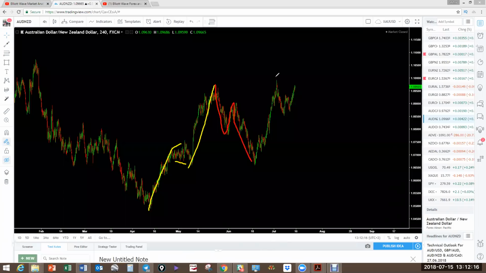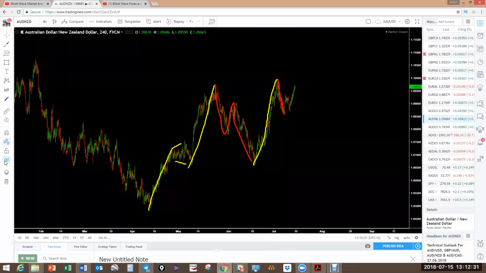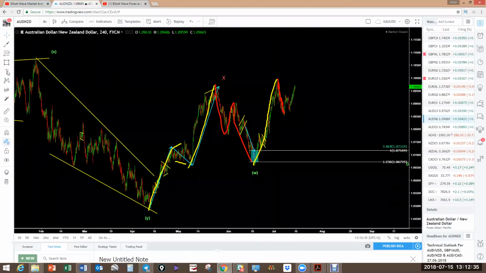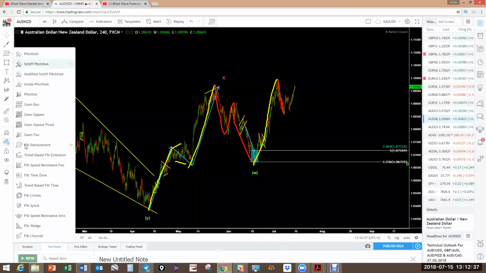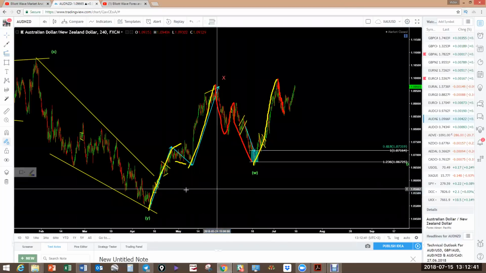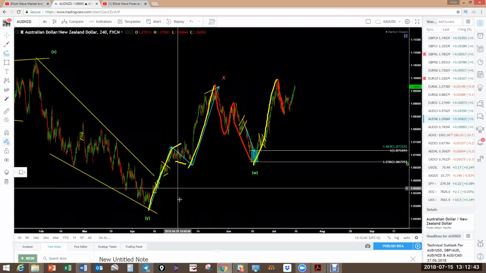Now if you're not in this trade, you may still be lucky and get in. Look at this one here. This correction could be completed.